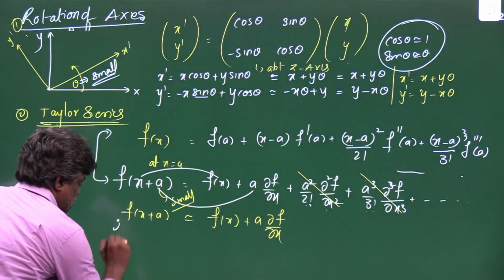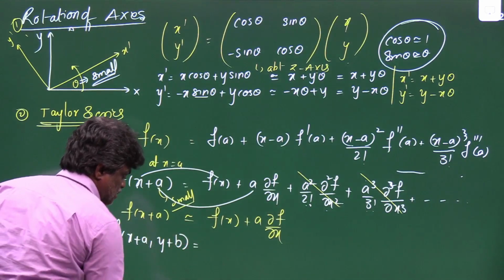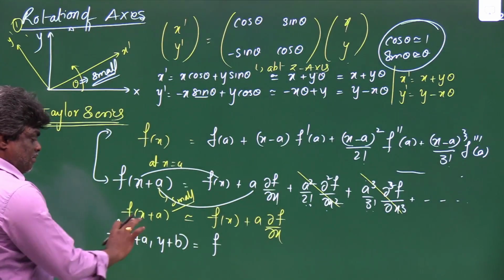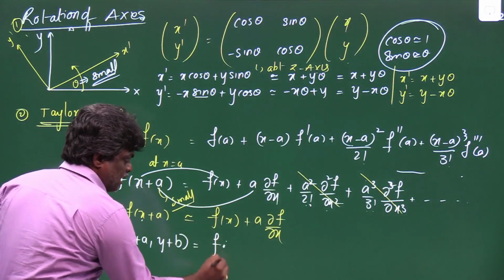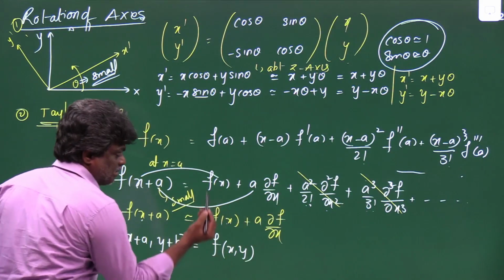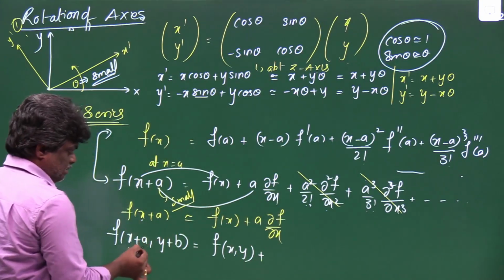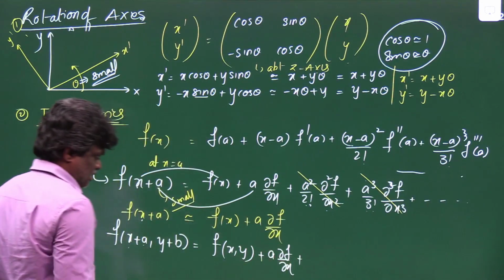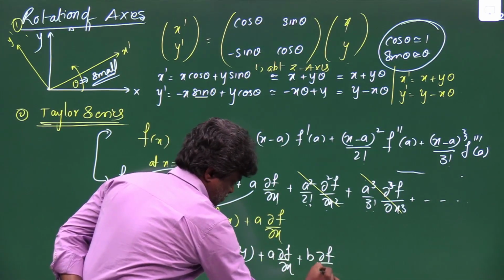Now please tell me what is f of x plus a, y plus b, two variables. Here only x is there, that's why we got x. Here x and y are there, so it is f of x comma y plus a del f by del x plus b del f by del y.